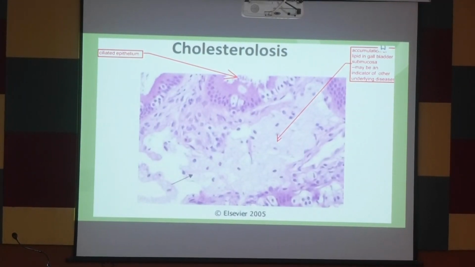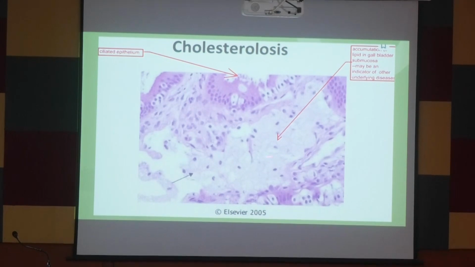So, another important picture is cholesterosis. We can see the foamy histiocytes in high power. See, this is the nucleus of the cell and this is the cytoplasm, and this cytoplasm is carrying lipid. This cytoplasm has a foamy appearance.